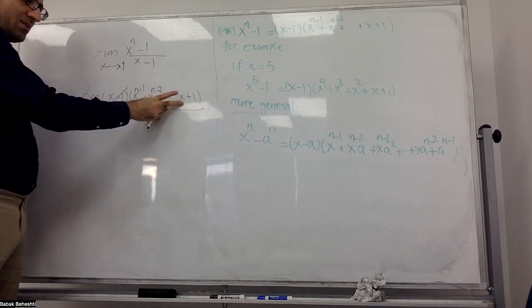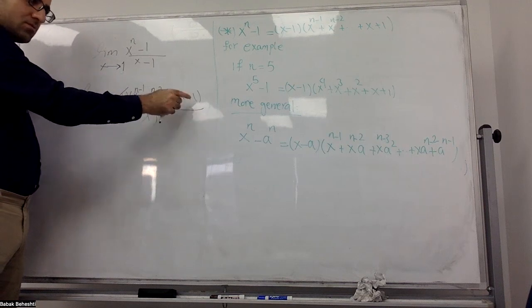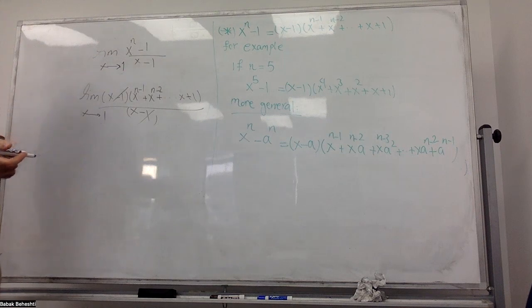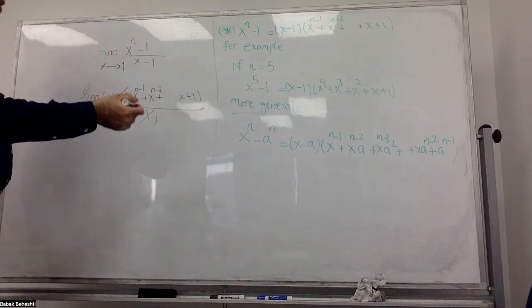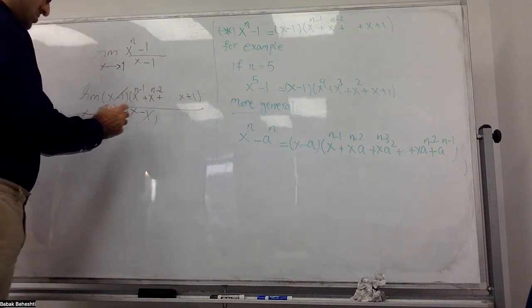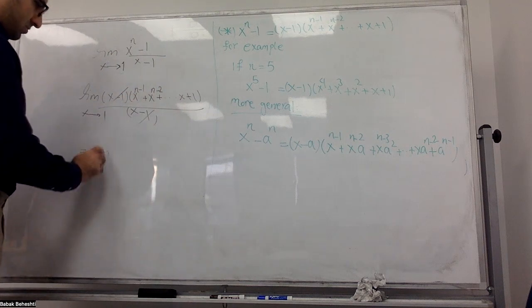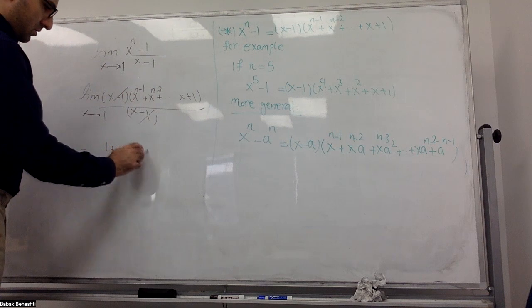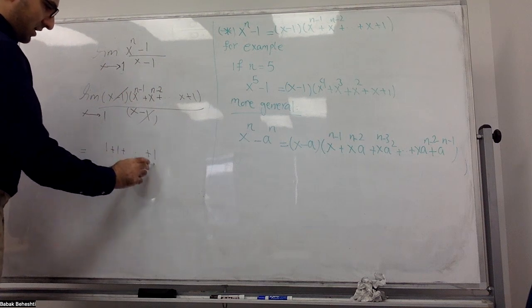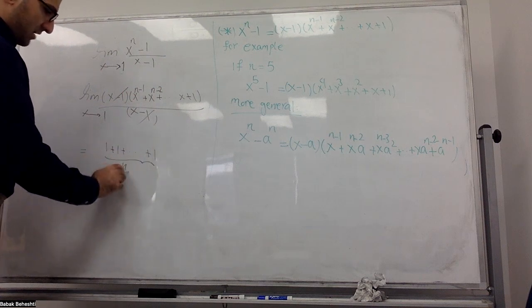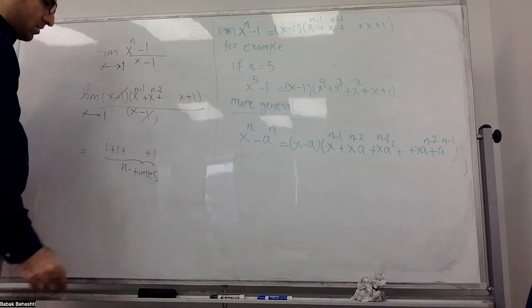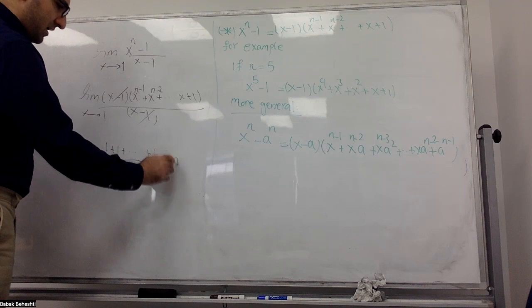So here you have n minus 1 terms plus 1, which is n terms. Each of them is equal to 1, so this is equal to 1 plus 1 plus 1, n times. So this would be n.